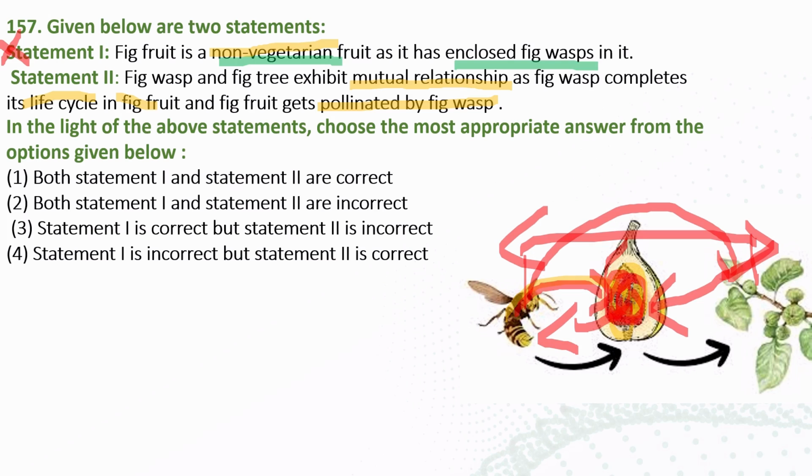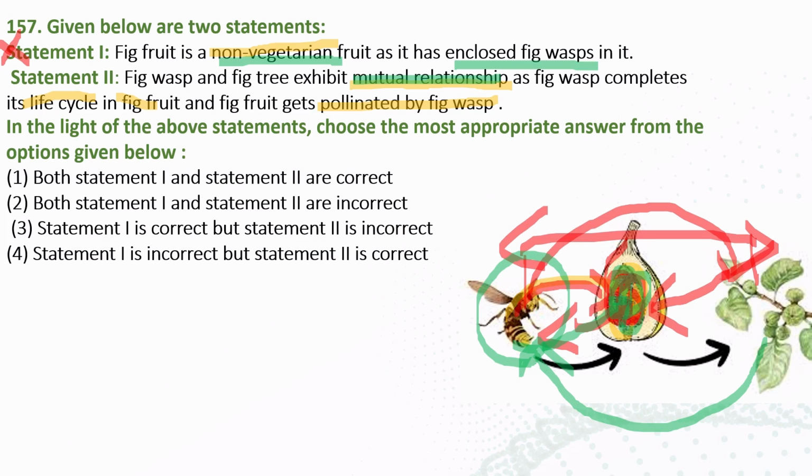Whereas the plant will give the fig wasp a place to develop inside the fig fruit and undergo the life cycle. So like that, both of them are showing the mutual understanding or mutual symbiosis and helping each other. So here you can say that the fig wasp and the fig tree exhibit mutual relationship.